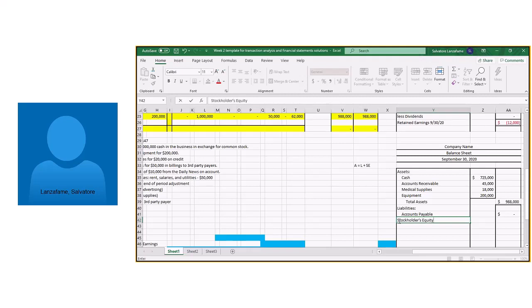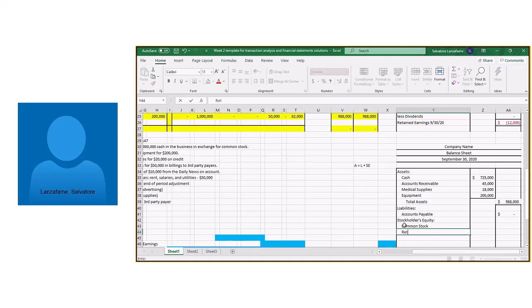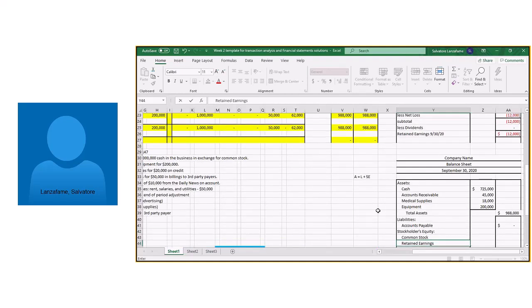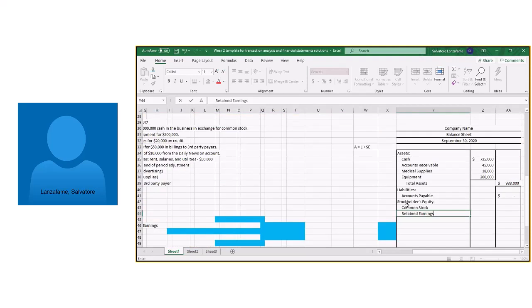And now to do the stockholders' equity, our last section. This is made up of 2 major categories, common stock and retained earnings. The common stock was $1 million, if you remember from here.